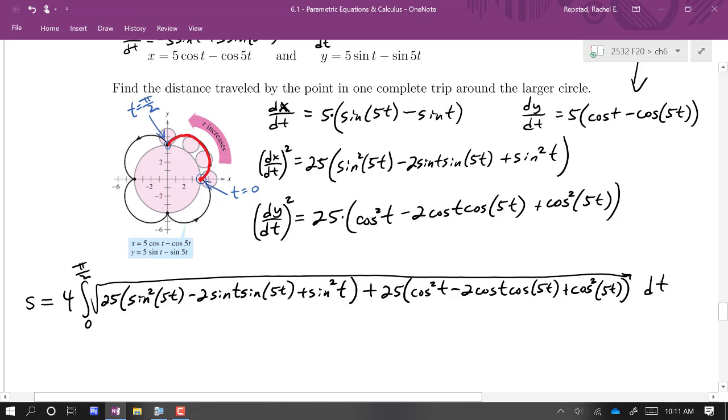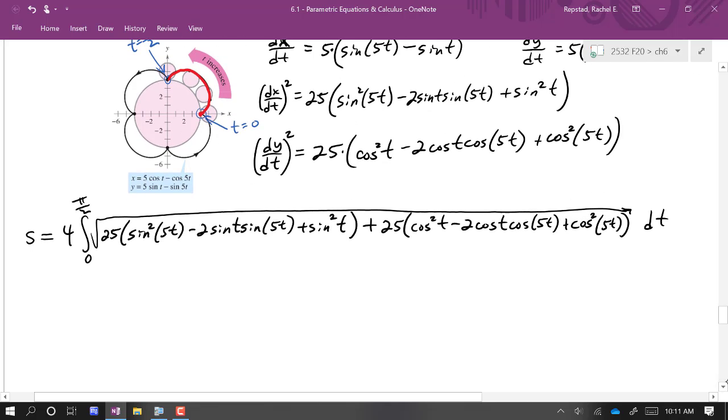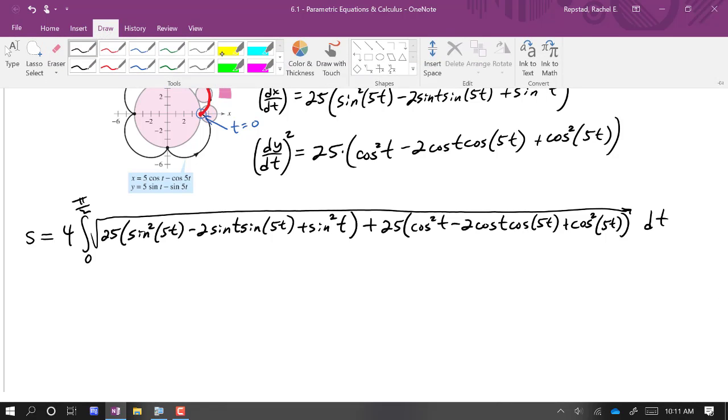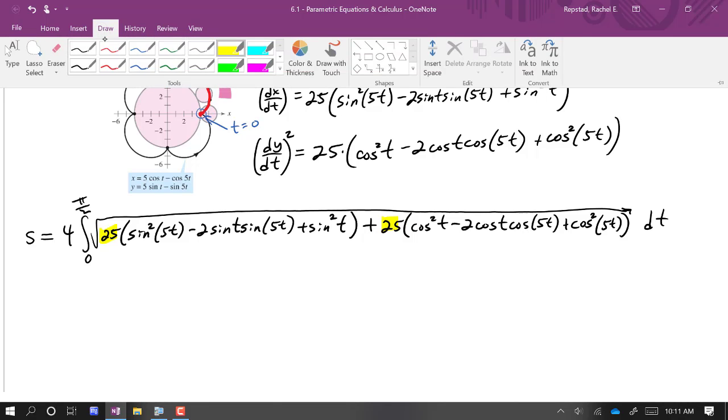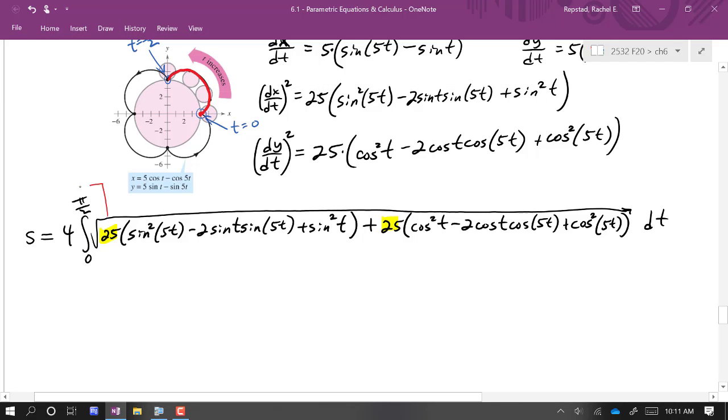Alright, so that looks nice and long, but we can do some simplifying here. In fact, we're going to find that a lot of stuff simplifies. We have a common factor of 25 inside the square root. So I'm going to pull that out as a factor of 5 outside the radical, and of course I'm going to yank it right outside the integral itself. So 5 times 4 is 20.